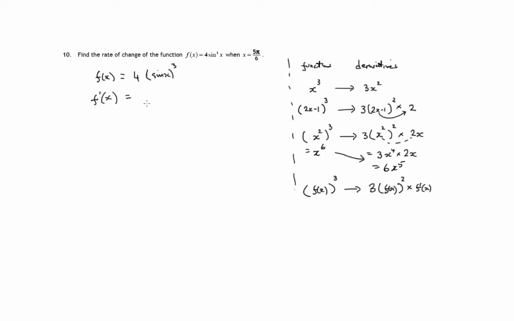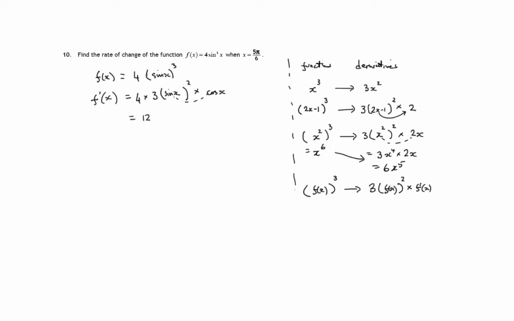Now the 4 doesn't matter, it just sits there and everything's multiplied by 4. So it's basically differentiating sine x cubed is the difficulty. So the result will be 4 times 3 times that squared times whatever we get when we differentiate that sine x. And that's a cos x. So there's our answer.